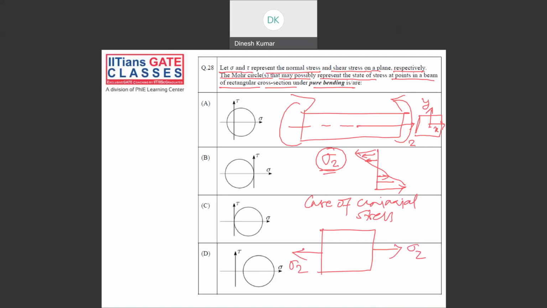So if sigma z is tensile, your Mohr circle will be C, because from the origin you have to draw this sigma z. So this will be the center and radius, and you can draw a Mohr circle which will pass through the origin. Now, if sigma z is compressive, your option B will be correct, like on the top side where you have a compressive stress. So B will be the correct option.